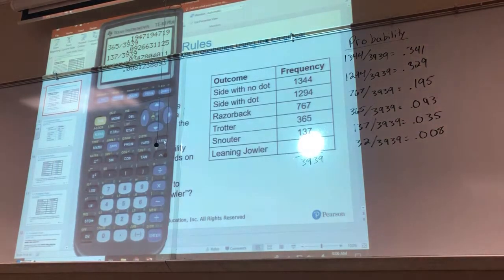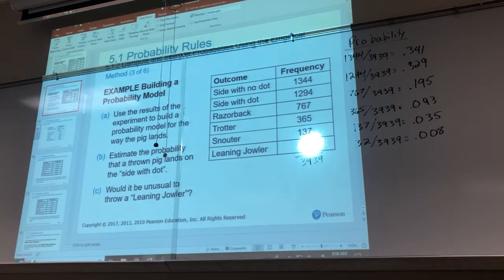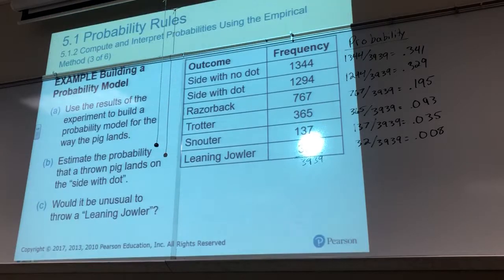That's the first part, building a probability model. All you have to do is figure out the probability for each of these things using the empirical rule, so we're basically using relative frequency for those things.